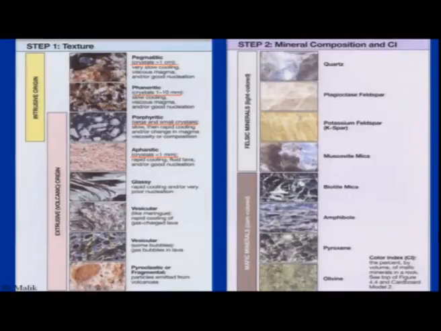Mafic rocks are mostly darker in color, and felsic minerals are lighter in color. So the rocks which are comprised more of mafic minerals will give you darker colors, whereas the rocks comprised of felsic minerals will give you lighter colors. So by looking at the rocks directly, one can say, okay, this is a felsic rich rock and this is a mafic rich rock.